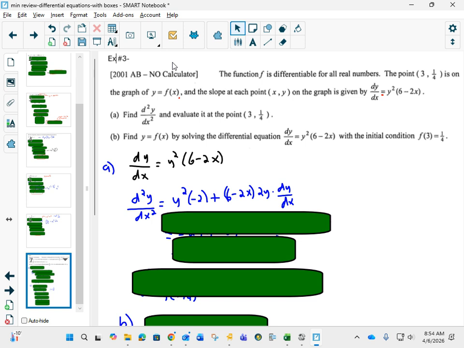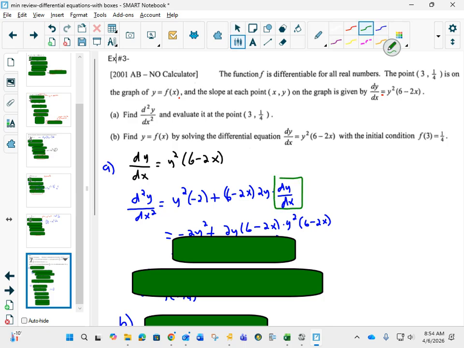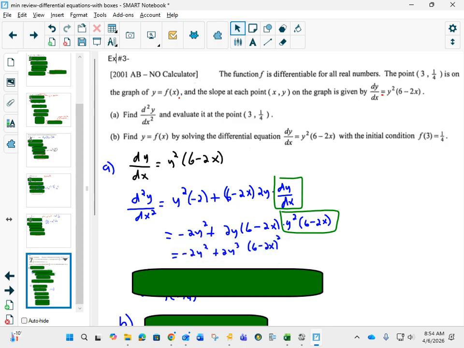And since you know what dy/dx is, you can substitute, put it in the green box here. I can substitute this in for dy/dx, because I already knew that from the equation. Again, you do not need to simplify on a long answer question.